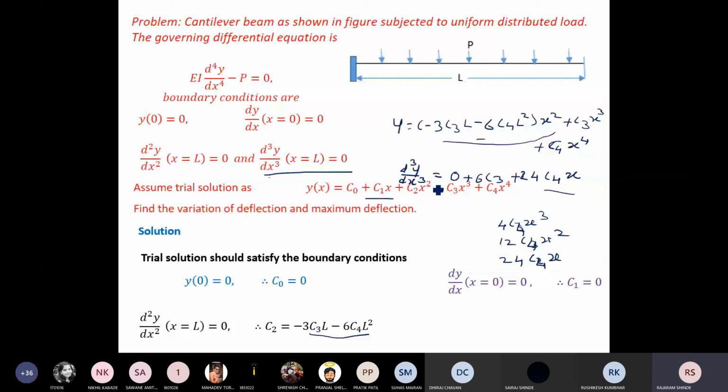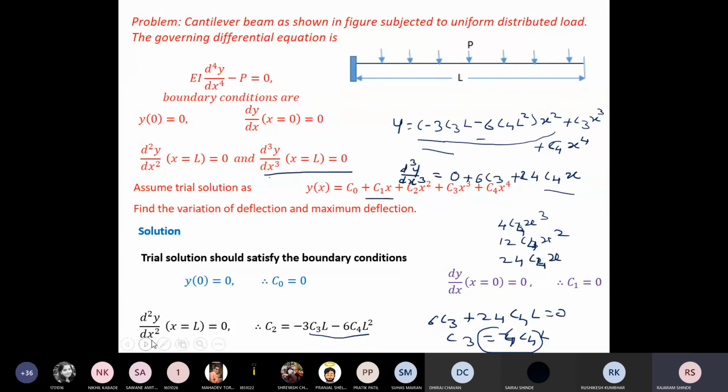Now the third derivative is 0 at x is equal to L. So 6c3 plus 24c4L equal to 0. Okay, so c3 is equal to minus 24 divided by 6, it is minus 4c4L. Now you put this term in this equation.